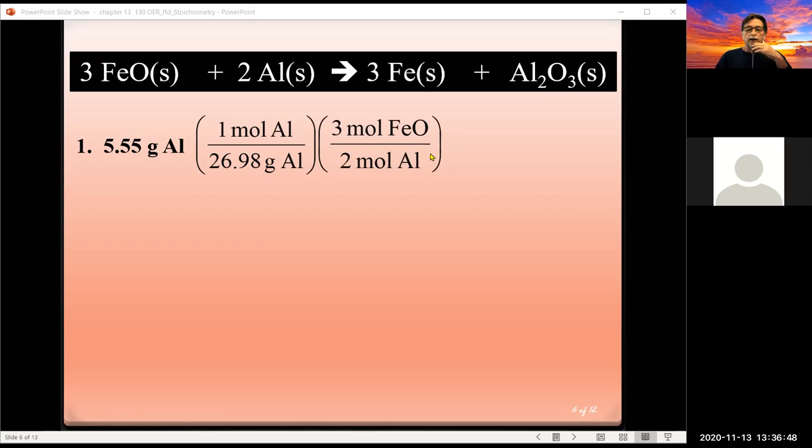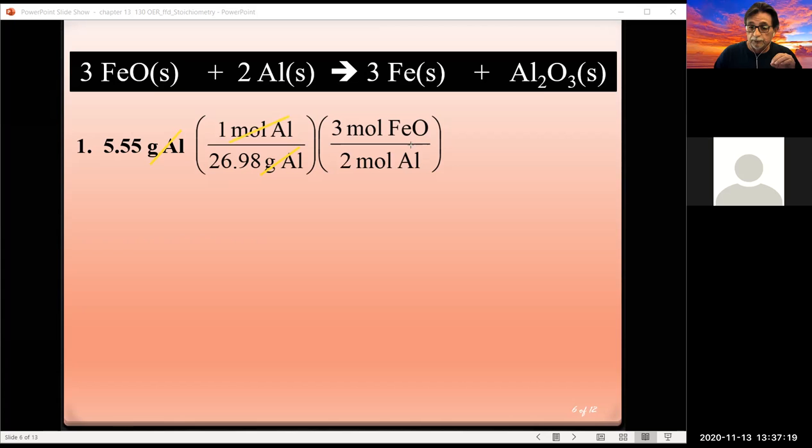Then this comes from the mole ratio of the reaction because I'm working with the two reactants, the iron 2 oxide and the aluminum. At this point, and this is where you check yourself as you go along, as I am setting up my problem, notice that my grams of aluminum cancel out unit-wise.